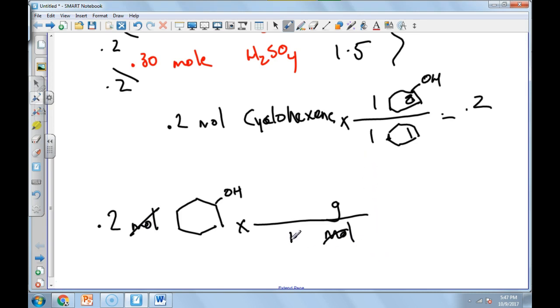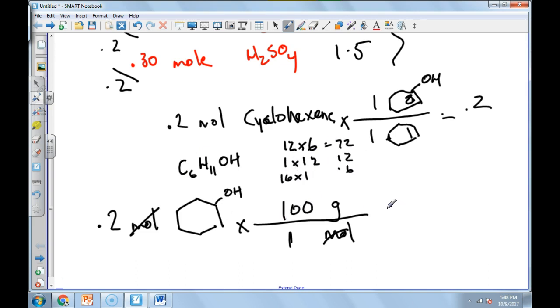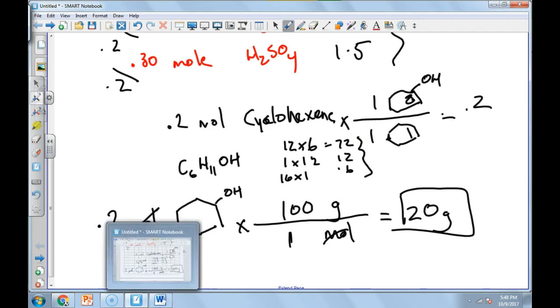And then for every 1 mole, we look up the molar mass of cyclohexanol. So that's about 100 grams per mole. So we should expect 20 grams of this guy. Now you're going to carry this out a little more formally, but that's the type of calculations that you're going to do.